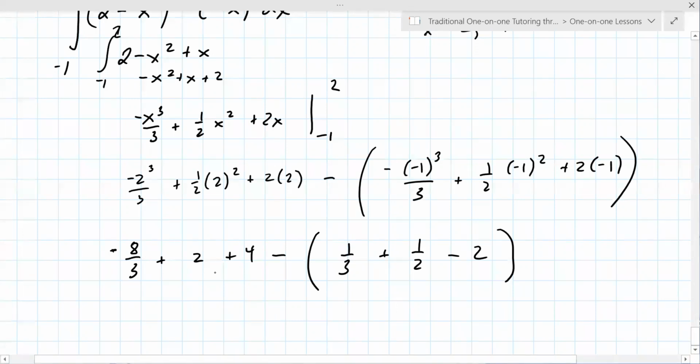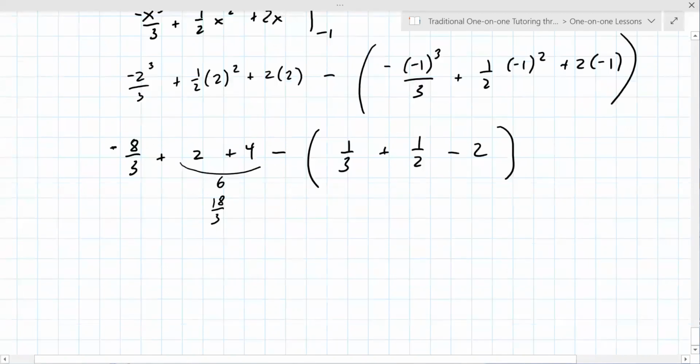Are you comfortable with these numbers? Yeah. Okay, so you've got to do these in pieces. This is 6, but 6 is really 18/3, so you combine them to make 10/3. And then inside here, this is awful. I would probably make all of them 6. It's 2/6 plus 3/6 minus 12/6. So that's 5 minus 12, which is minus 7.